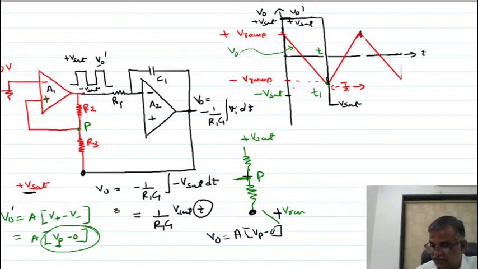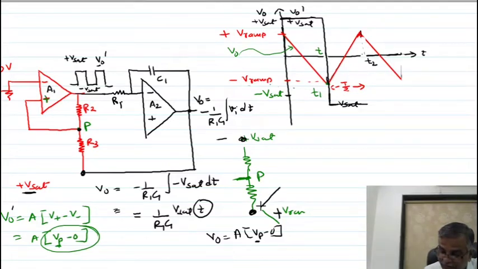So if this is going positive, continuously increases, at this point, at time T2, this becomes slightly above 0. This potential here is minus, and this is your continuously increasing positive ramp voltage.